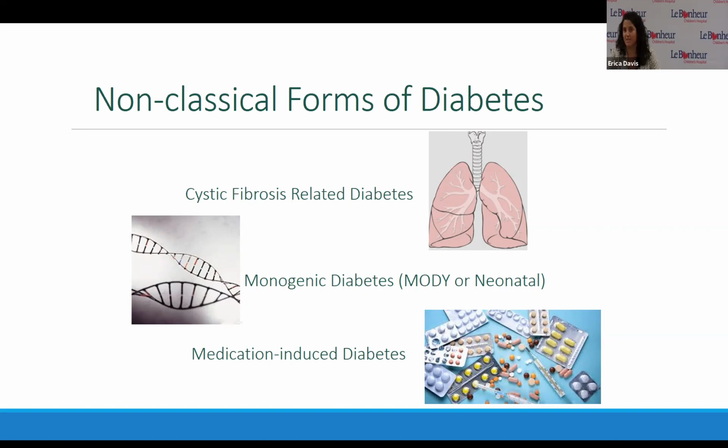For example, there is one specific monogenic diabetes that is treated very well with a sulfonylurea, which is generally a type 2 diabetes medication that increases the pancreas's production of insulin. So in one form of monogenic diabetes, we can treat it with that, but everyone is different. Unfortunately, we don't get that testing super often to see for sure which one it is. Hopefully in the future, we'll see that a little bit more.